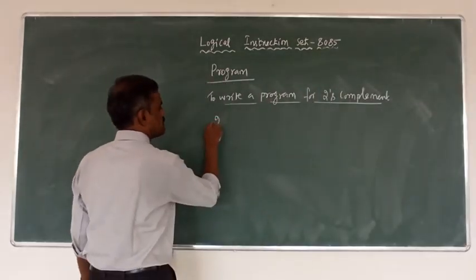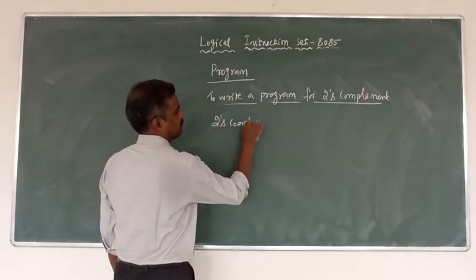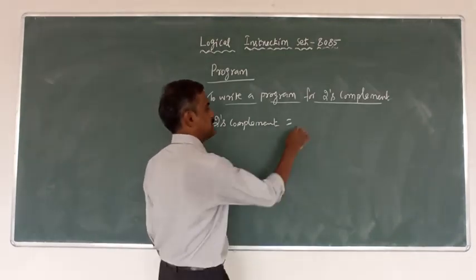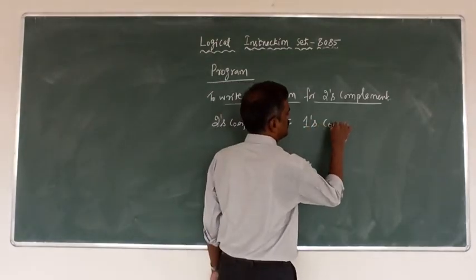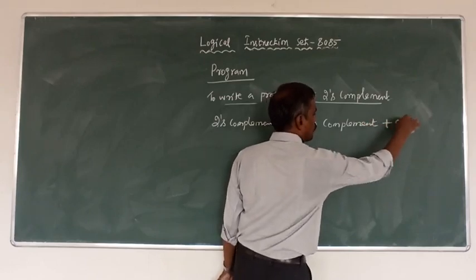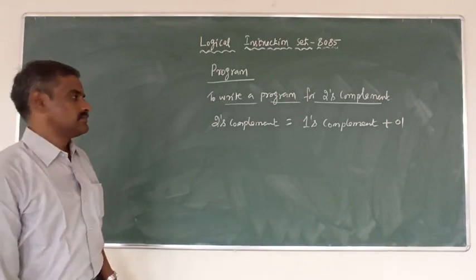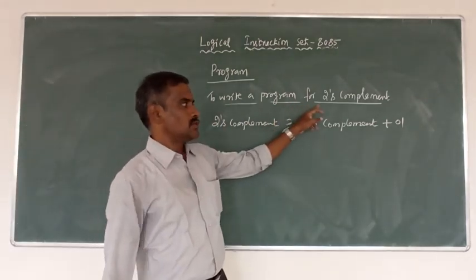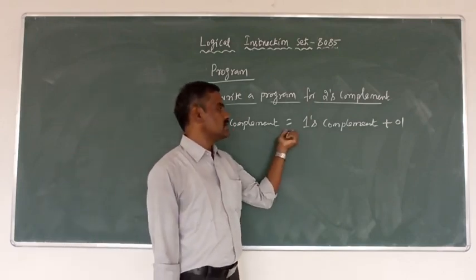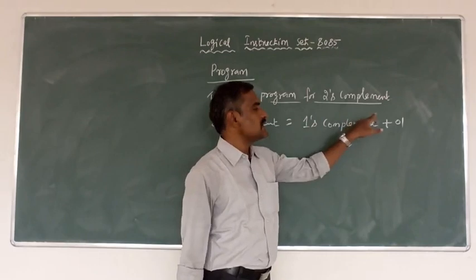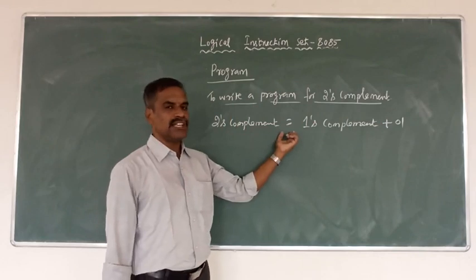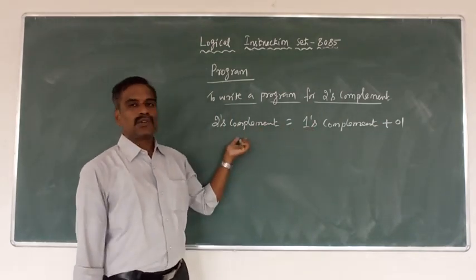Here the 2's complement equal to 1's complement plus 1. Here the 2's complement formula: 2's complement equal to 1's complement, and that result we can add with 0, 1. Okay, this is the logic. For this, we have to write the program.